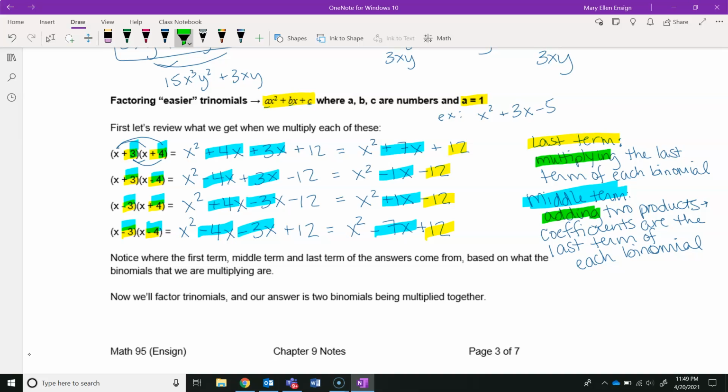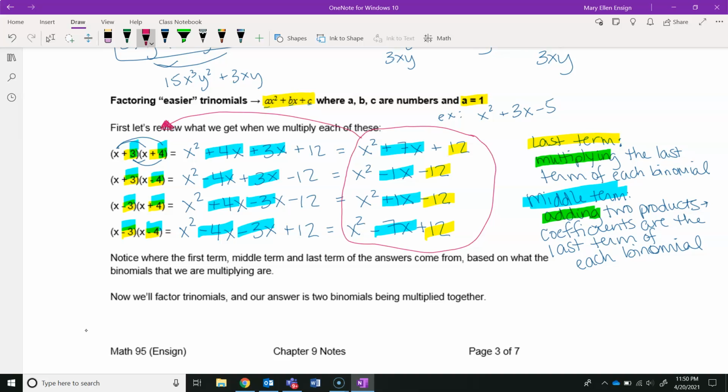Whatever it is. Okay, so when we are factoring, we are starting here and working our way back to having it in factored form like these over here.